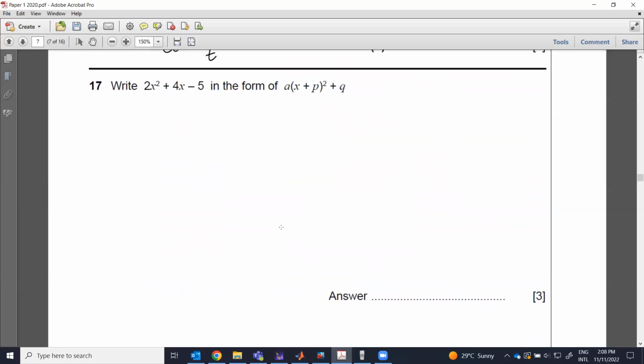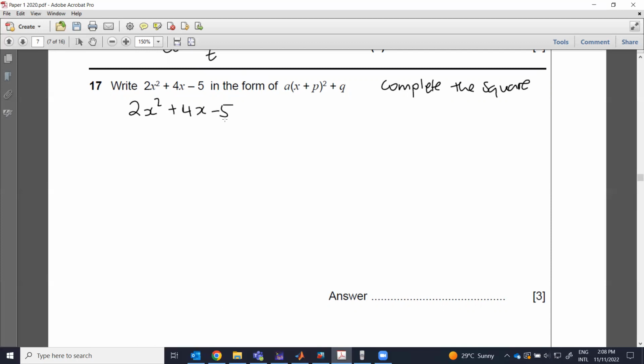Okay, number 17, we have to write this quadratic trinomial in this form. So basically what the question is asking you to do is to complete the square. Okay, now I'm going to write it here.